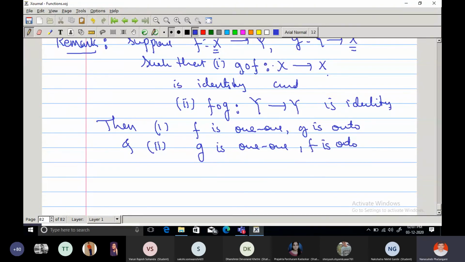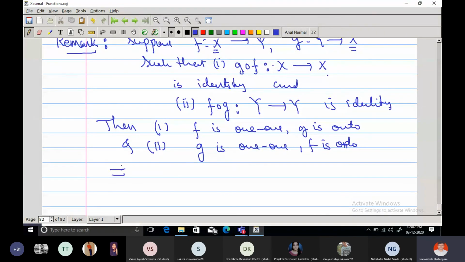Because no matter which set is X and which set is Y, it doesn't matter in the general situation. So if g composite f is identity, then the first function is one-one and the second is onto. Similarly, if f composite g is identity, then g is one-one and f is onto. So what is the final conclusion?